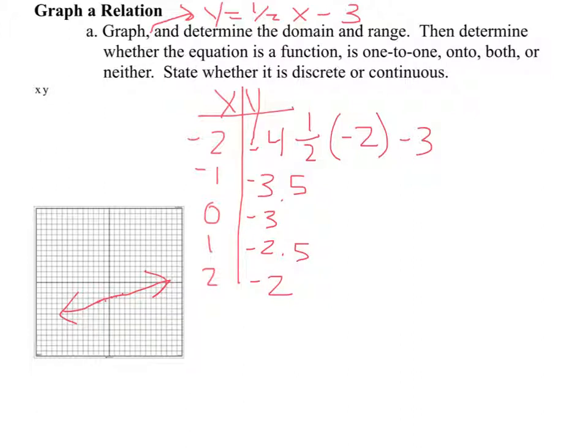But now we need to determine whether it's a function, one-to-one, onto, both, or neither. In this case, our x's only go to one y. It does pass the vertical line test, so this one is going to be a function, and it's going to be one-to-one and onto.